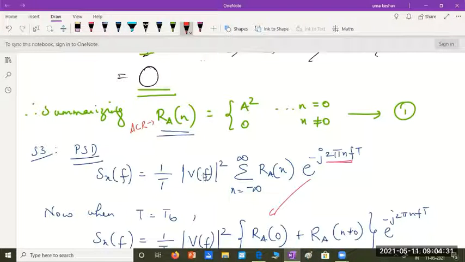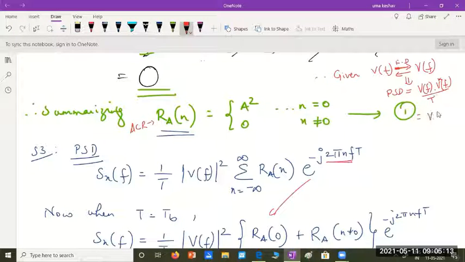Its Fourier transform will be V of f and its power spectral density will be V of f square by T. Please remember that given V of t is a function in time domain, in the frequency domain it would be V of f, and whenever I try to find power spectral density, it will always be V of f into V of f conjugate divided by the total time period T. We'll consider V of f and V of f conjugate to be the same.